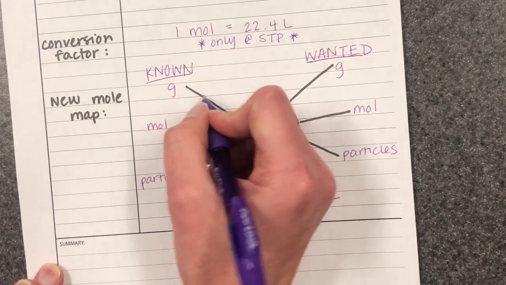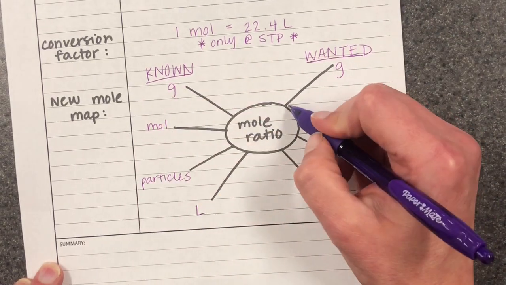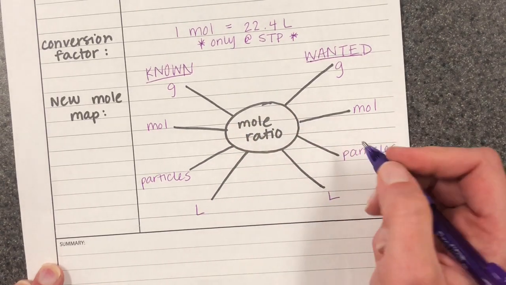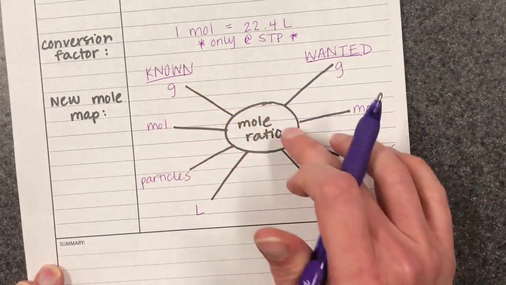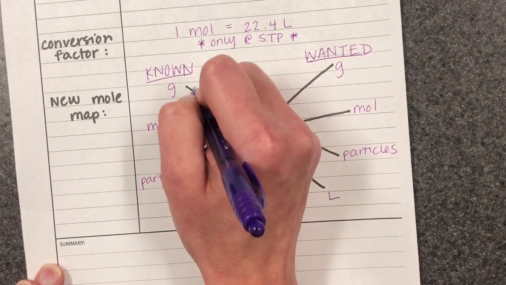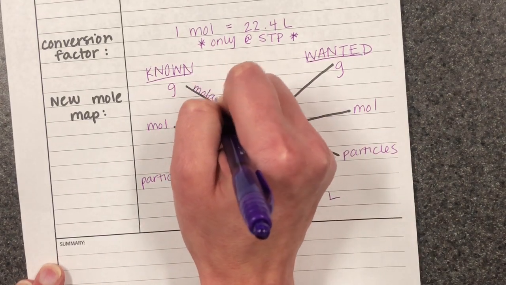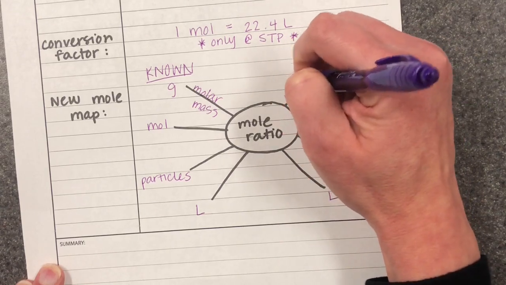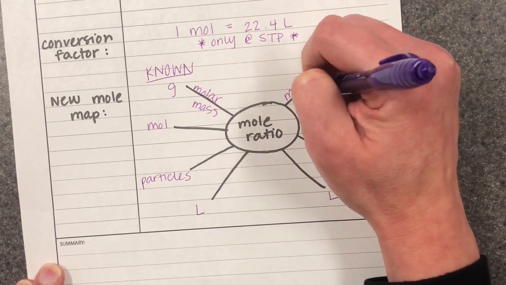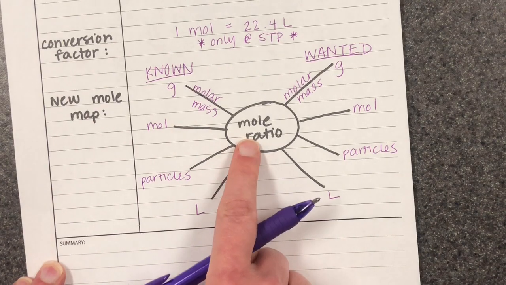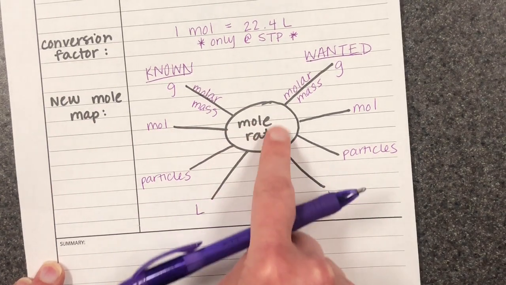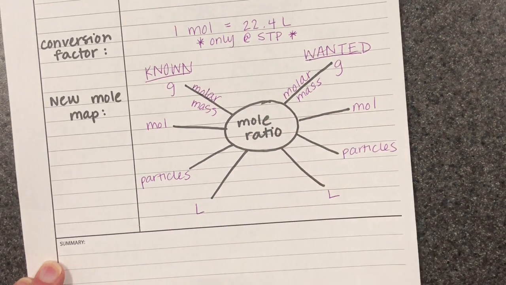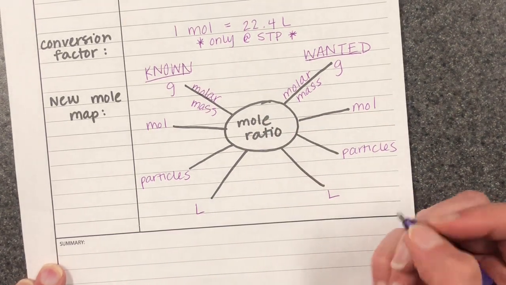Okay, remember that if you're starting with grams or you want to end up with grams, since we're using a mole ratio in the middle to convert things, we have to convert grams to moles or moles to grams. So we would use molar mass in that case as the conversion factor. If you're given moles, you can skip straight to the mole ratio, which is the coefficients in the balanced chemical equation. And then if you want moles, you're done after the mole ratio. No further conversions are needed.